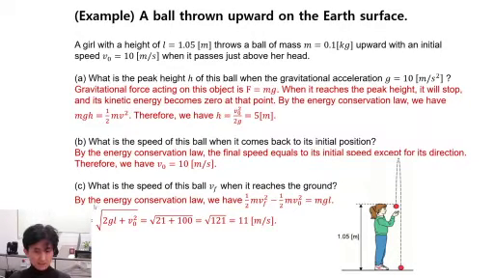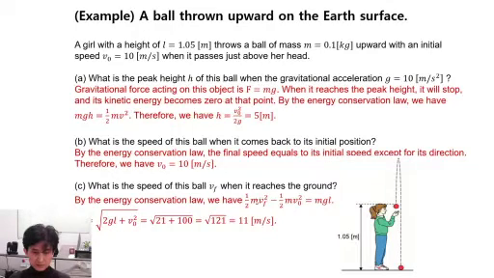Again, by the energy conservation law, we have the final kinetic energy minus the initial kinetic energy at this point is equal to mgL, where L is the height of this goal. So the height of this goal is 1.05 meter given by the problem.